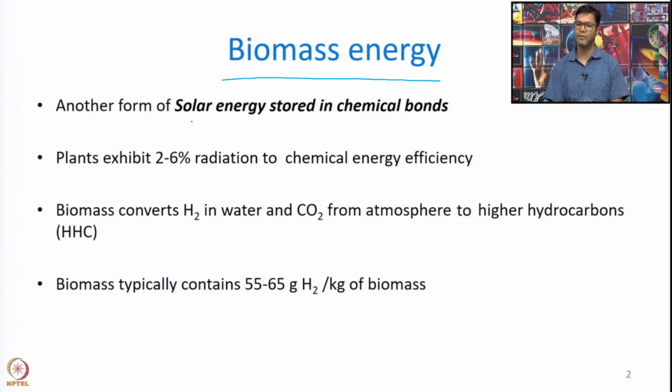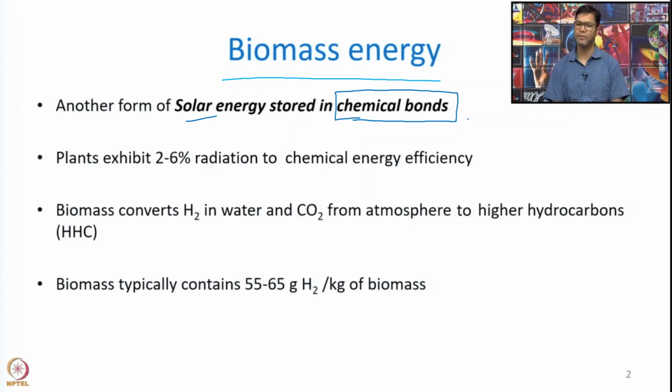And how is the plant biomass storing energy? The energy is stored from solar energy. How is the solar energy converted into chemical energy or chemical bonds? In which process, do you know the process? The plant uses this process. It stores the solar energy and forms chemical energy: photosynthesis.